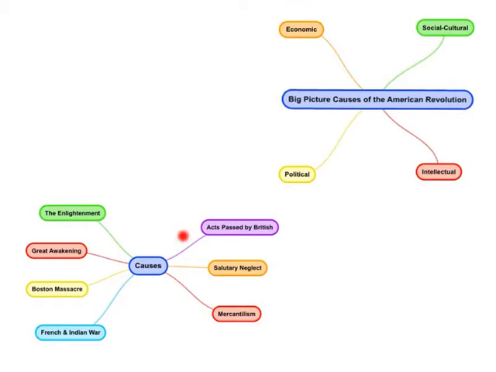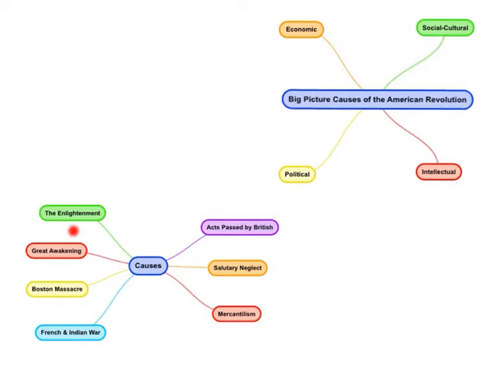This concept of salutary neglect was also very important and is also connected to acts passed by the British previously. We're also going to discuss mercantilism, which was the economic system of the American colonies and of Great Britain, the parent country. This is going to be very key that we understand that concept going forward.